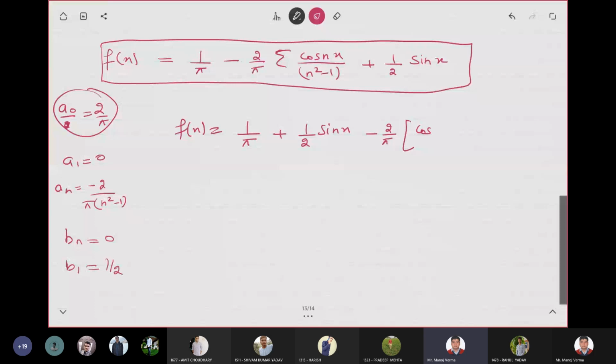So this will be my series expansion of the half wave rectifier, right?